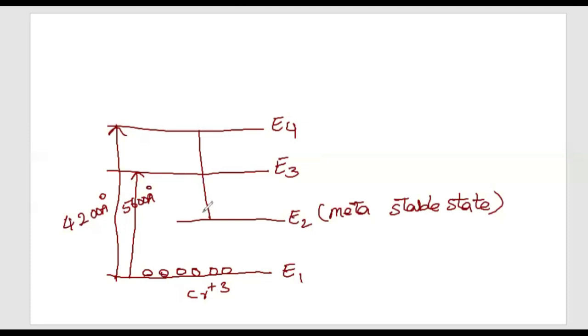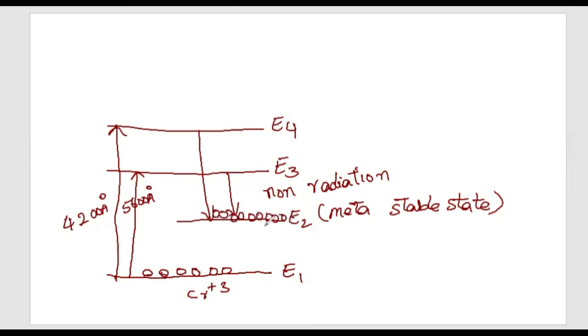And from E4 to E2, the atoms move non-radiatively. So the chromium ions come from E4 to E2 and also E3 to E2 without emitting any radiation. As E2 is a metastable state, the atoms will stay here for a longer time.